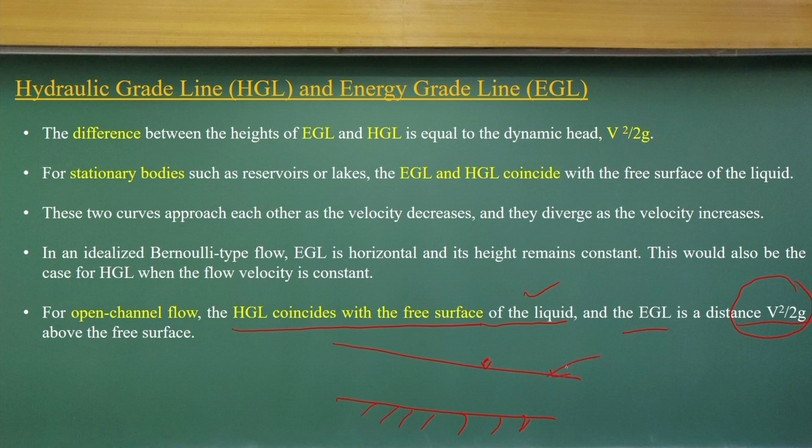This free surface represents the hydraulic gradient line, and adding the velocity head V square by 2g gives the energy gradient line, because there is no pressure head. But in the case of pipes, we can use piezometers to measure the hydraulic gradient line, and to measure the energy gradient line we need a pitot tube.